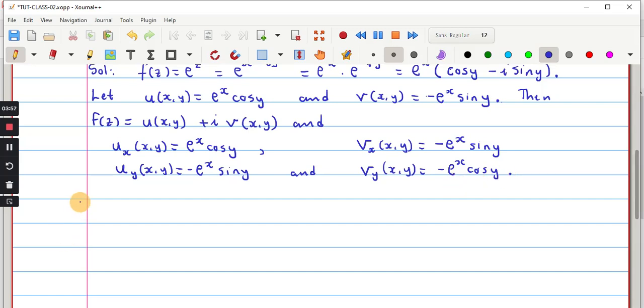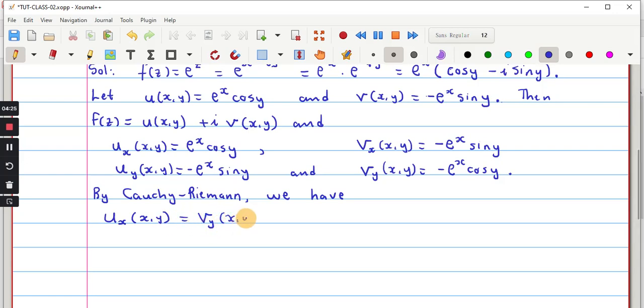By the Cauchy-Riemann equations, we have that the partial derivative of u with respect to x should be equal to the partial derivative of v with respect to y, and the partial derivative of u with respect to y should be equal to the negative of the partial derivative of v with respect to x.